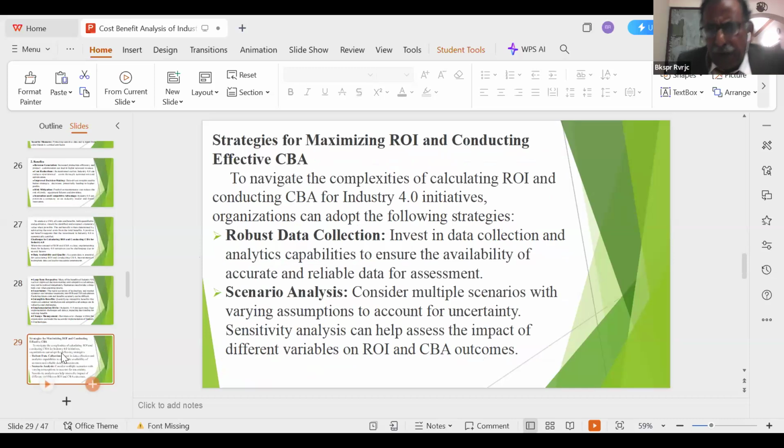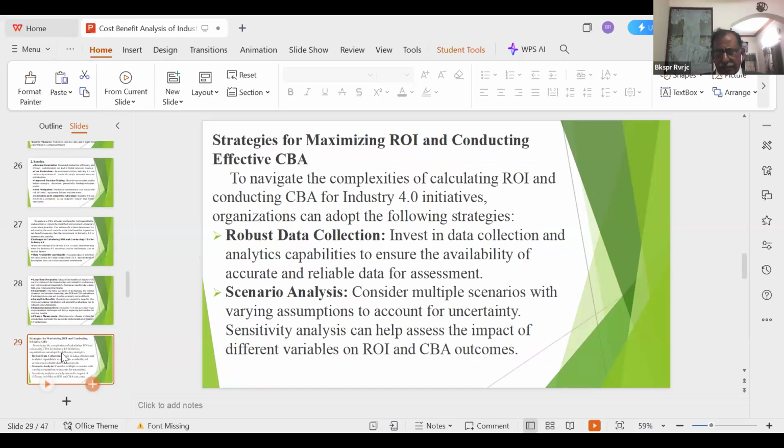What are the strategies for maximizing the ROI and conducting the effective CBA, the cost benefit analysis? To navigate the complexities of calculating the return on investment and conducting the cost benefit analysis for Industry 4.0 initiatives, organizations can adopt the following strategies.